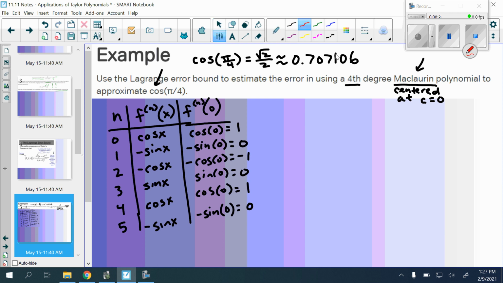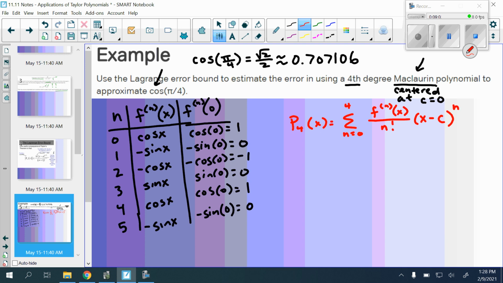Our way of finding Taylor polynomials is to do the summation here, and we're going to go from 0 to 4 here of our derivative at n over n factorial and x minus whatever our c value is here to the n.